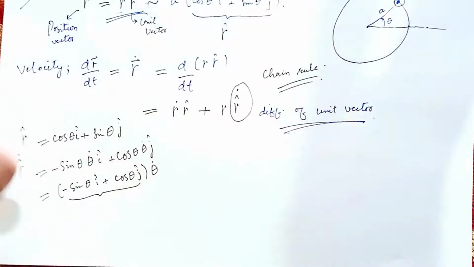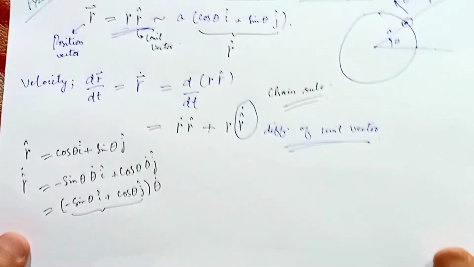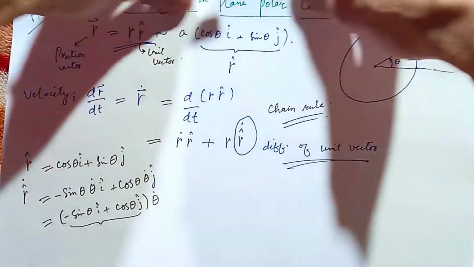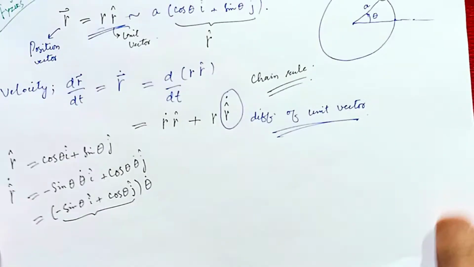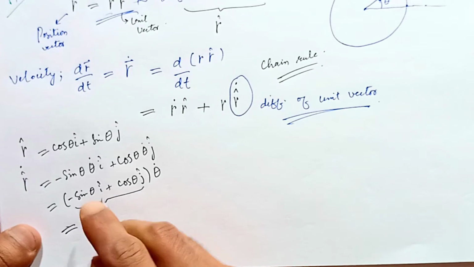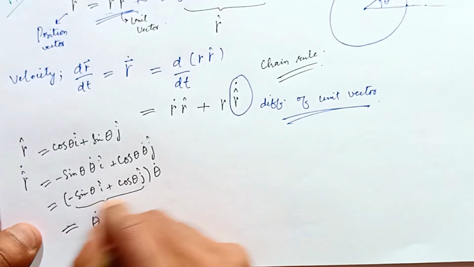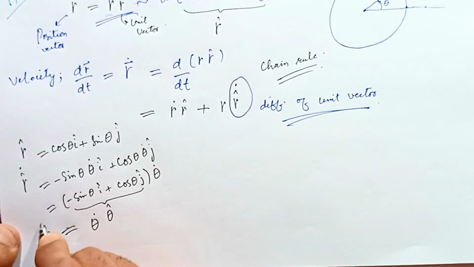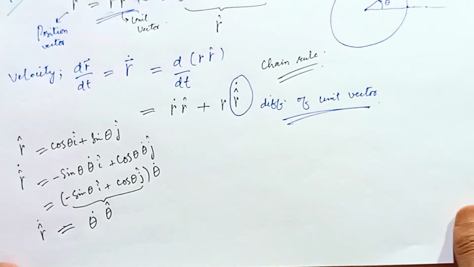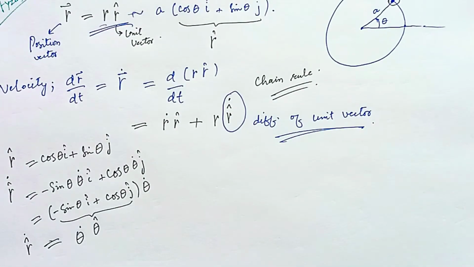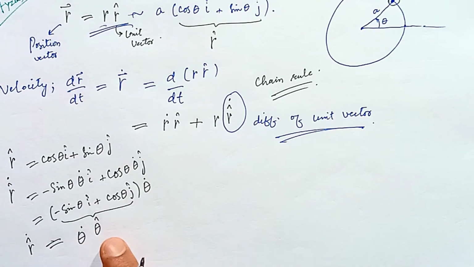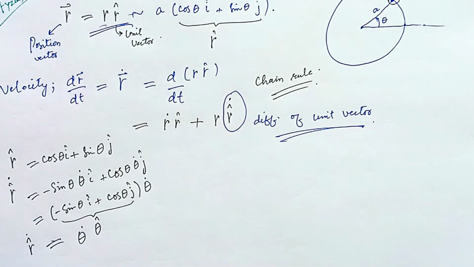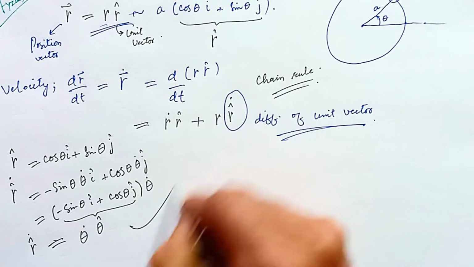So what we'll get here, this very thing will be equal to theta dot into theta hat. So our unit vector dot, r hat dot, will be equal to theta dot theta hat. This will be substituted here.